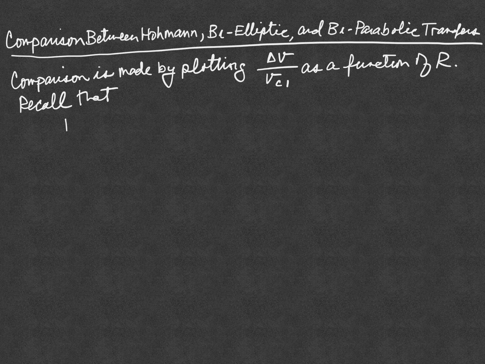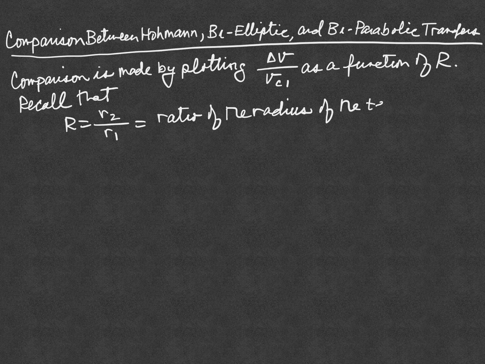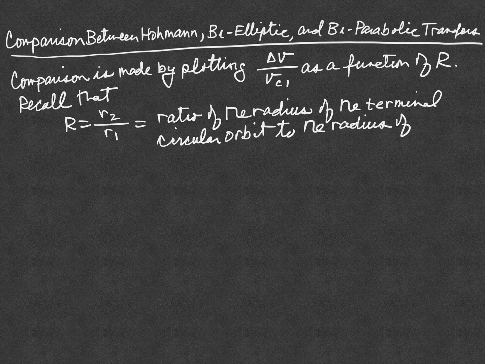Now recall that R is equal to R2 over R1, which is the ratio of the radius of the terminal orbit to the radius of the initial circular orbit.